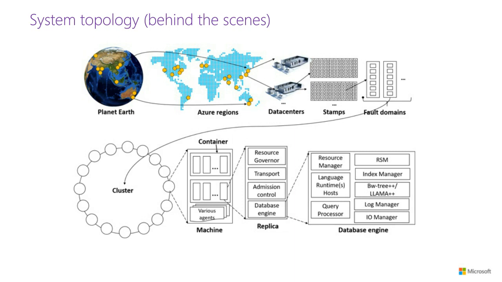So think of a server rack that has a shared, let's say, network switch. We deploy these massive clusters of hundreds of machines over tens of fault domains, and each of these clusters are composed of machines that run these little containers. This is where the magic happens. Within these containers, we have replicas, and really the replica is the core building block in Cosmos DB. The replica has the resource governance for guaranteeing performance and doing admission control.